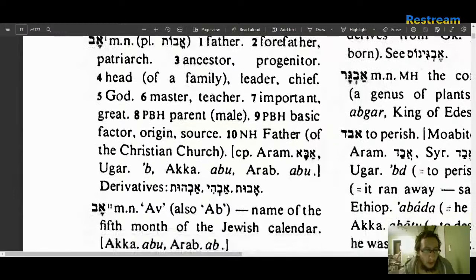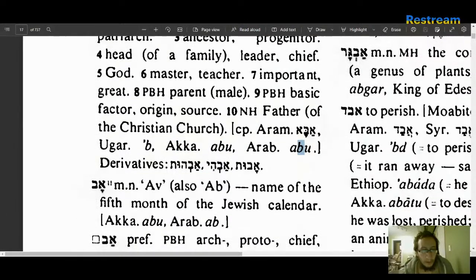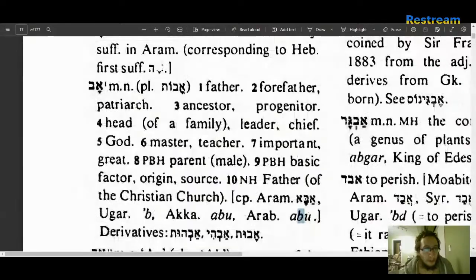We have Ugaritic Av, Akkadian Av, Arabic Av. Okay, so that's the first word there. That was the comprehensive etymological dictionary of Hebrew.